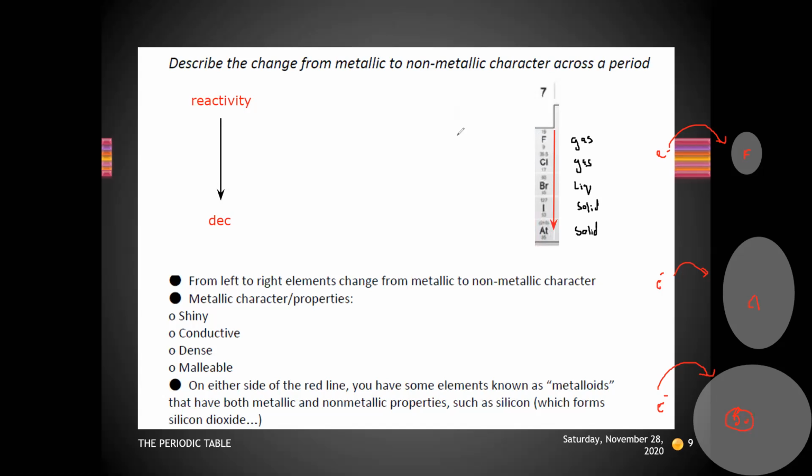What is the appearance or color of fluorine? Fluorine is pale yellow, light yellow. Chlorine is yellowish green. Bromine is red brown.